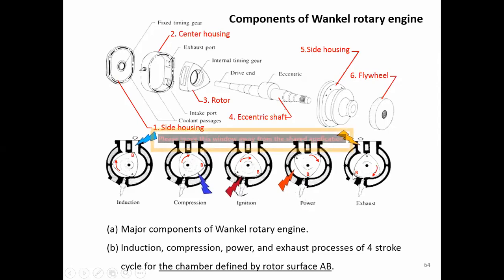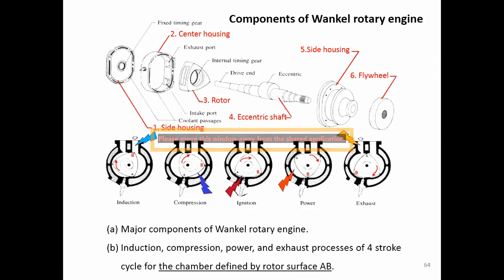And when B moves further, the products of combustion are still here. When B moves down here, this is the time for the products of combustion to leave the engine. So they have induction, compression, ignition, power, and exhaust, the same as other internal combustion engines.